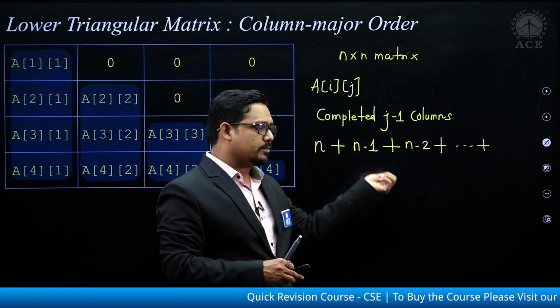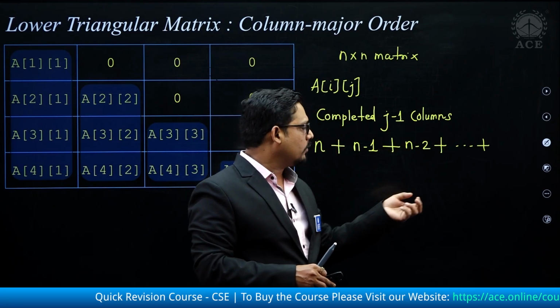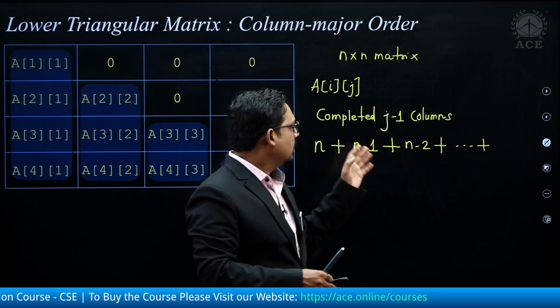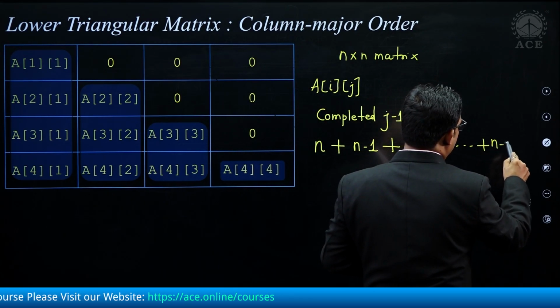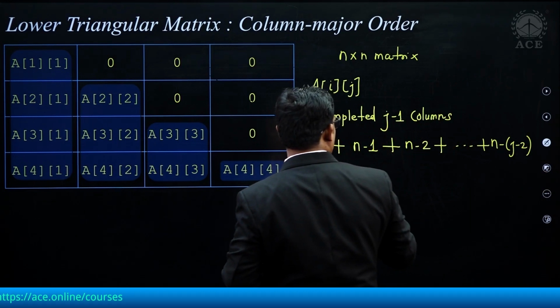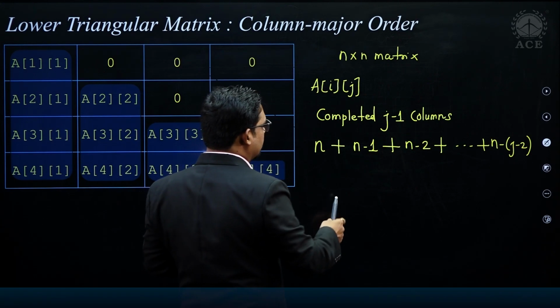For the second I am subtracting 1. For the third I am subtracting 2, again 1 more. For j minus 1 I will subtract 1 less, so j minus 2. So n minus (j minus 2) is the number of elements in that column.